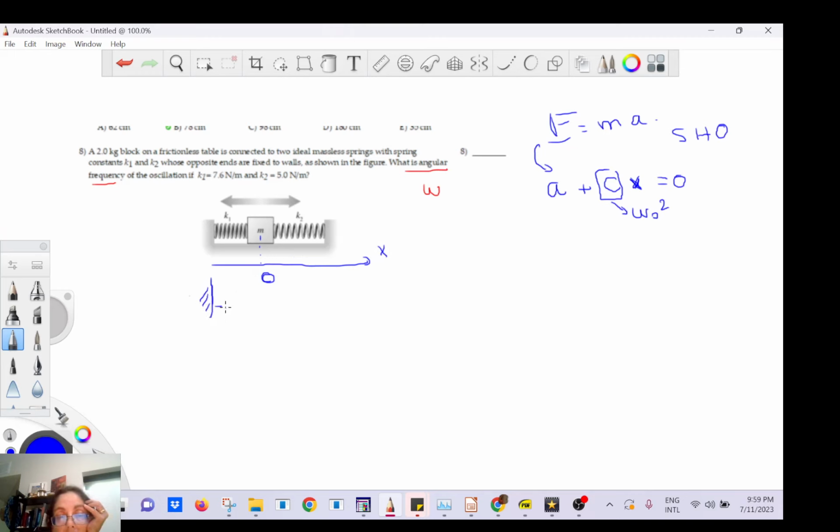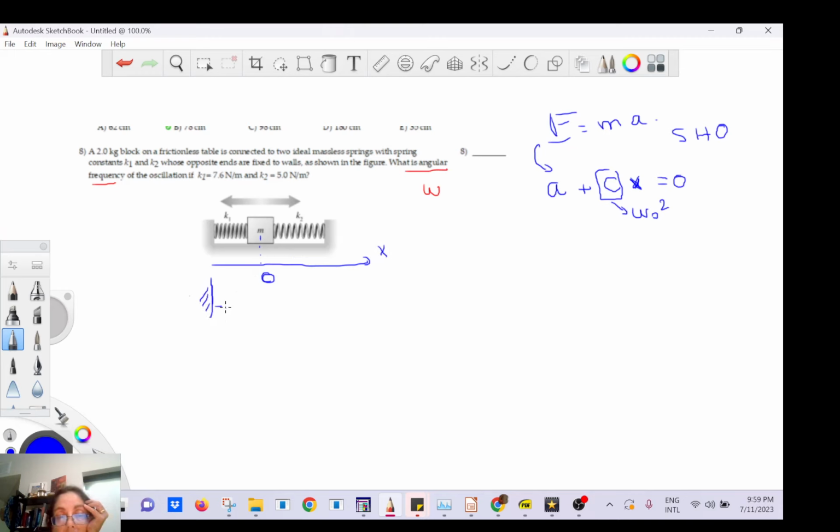So you see that this spring has moved by x sub 1, and this other spring, that was there, has moved by x sub 2.